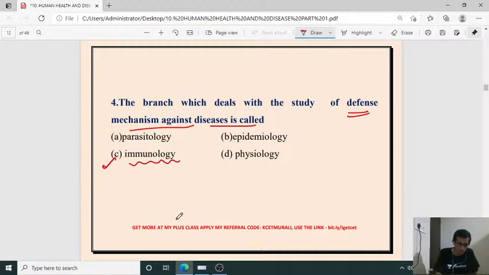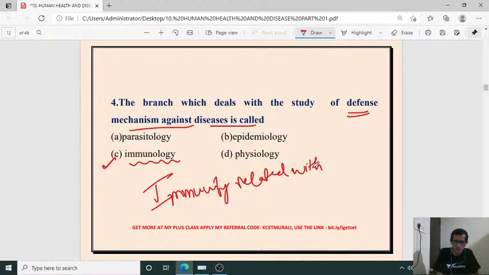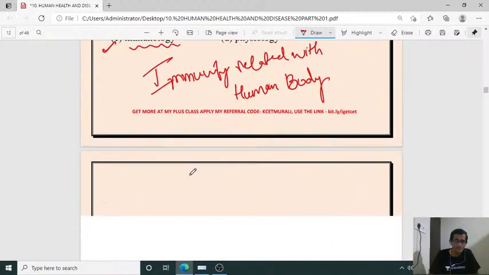So the human immune system is going to be studied. So immunity related with the human body.